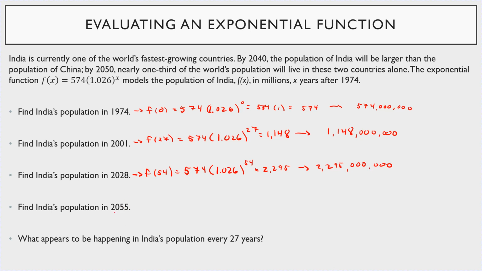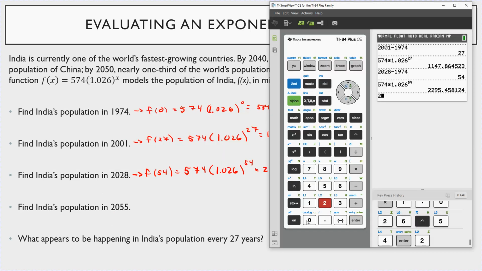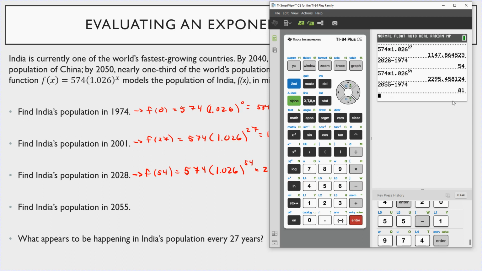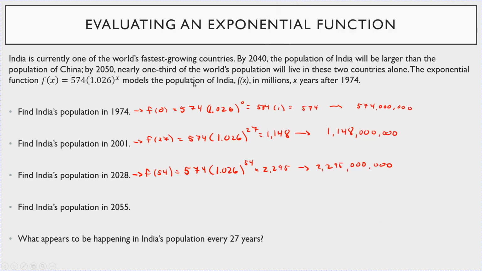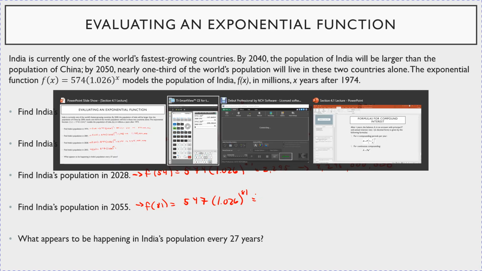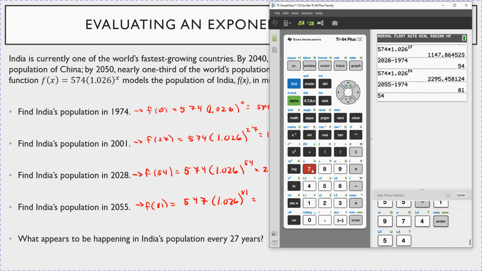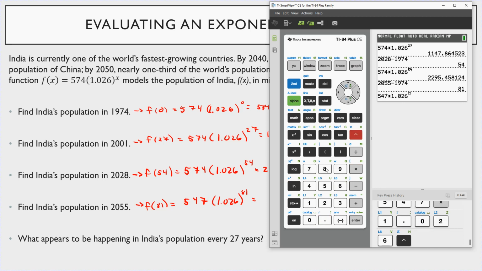And then another 27 years later, so to go from 2028 to 2055, that's another 27 years. Remember, our model is going from years since 1974, so that's 81 years. So let's see, 574 times 1.026 raised to the 81.